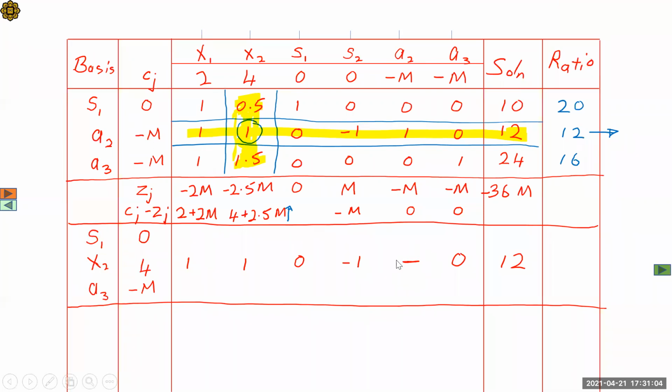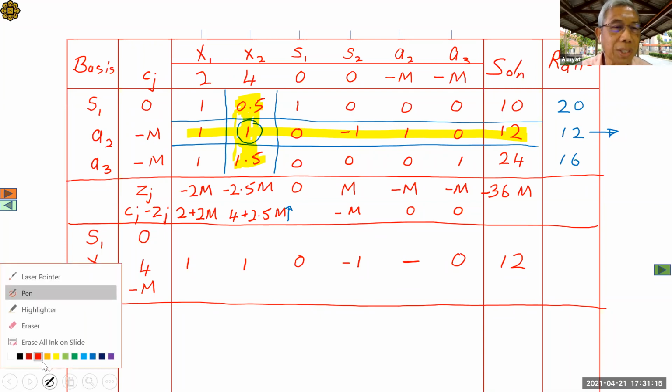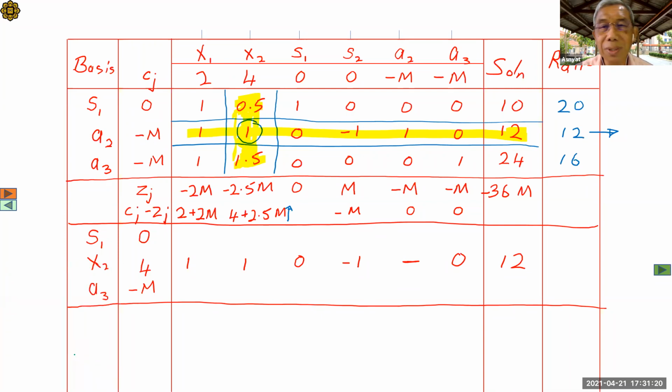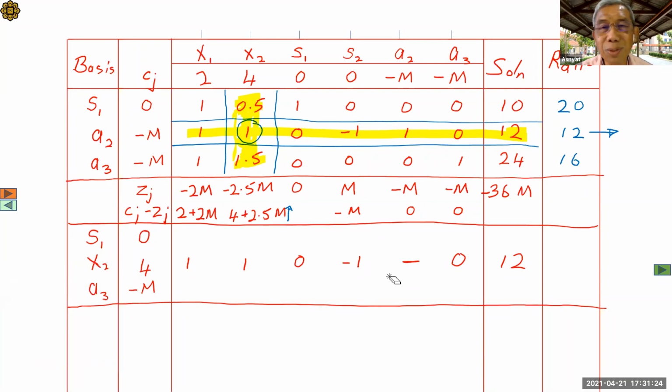That's why I put a dash, it's not negative. Maybe I put a different color to make it just a little dash. That means you are ignoring this one. Once it leaves, you ignore. Okay, let me use green color. Let me erase this one first so that it doesn't confuse you.